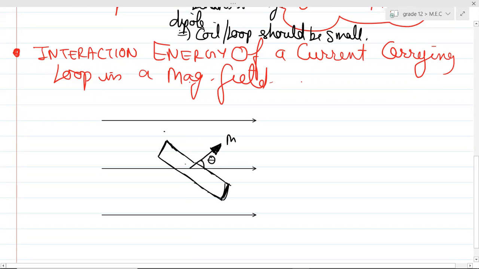Can you see this loop? It's a rectangular loop with a magnetic moment vector like this.